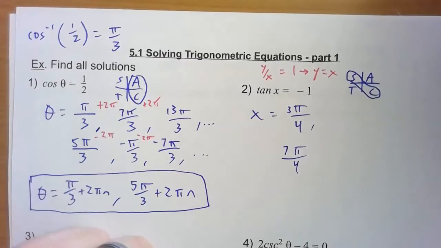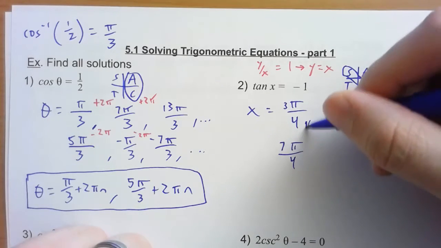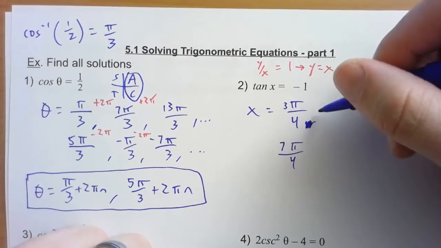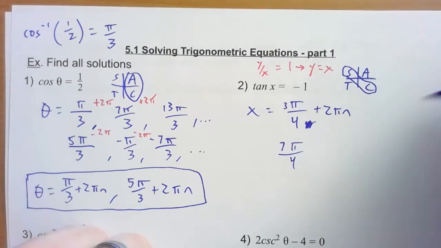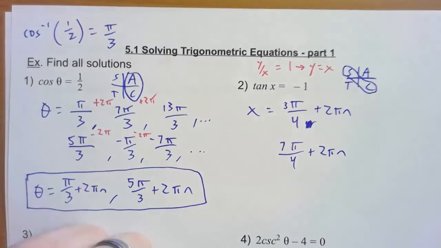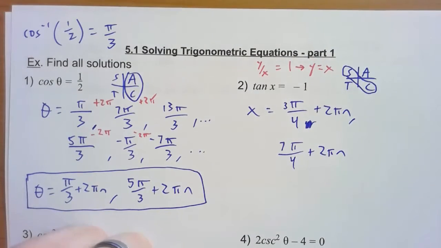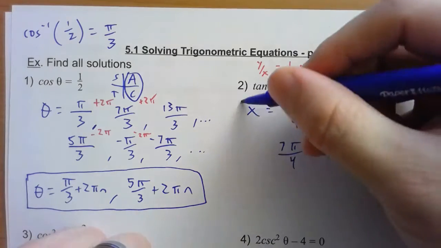Okay, but those are only two angles, right? We want the infinite number of solutions. So what we want is 3 pi over 4 plus 2 pi n, and 7 pi over 4 plus 2 pi n. Those are all of our solutions right there with those infinite numbers of full circles.